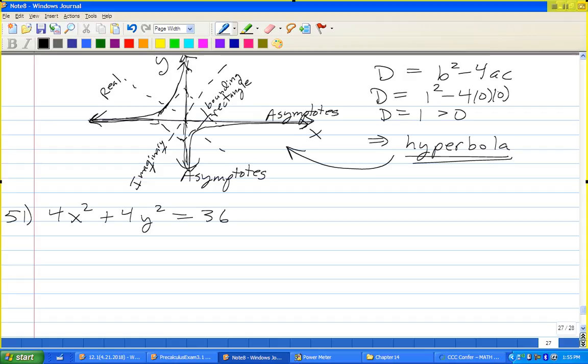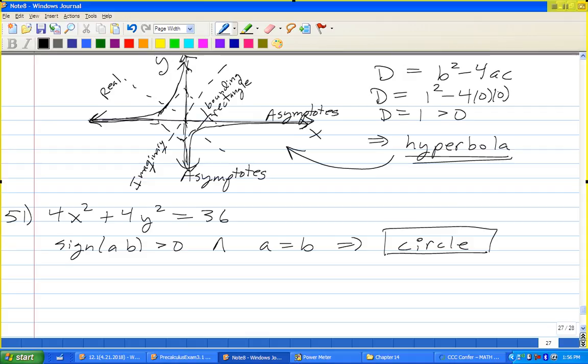They're both positive, and they're both equal. So since A and B have the same sign, and since they're actually equal, this says that this is a circle. So the sketch of this is a circle.